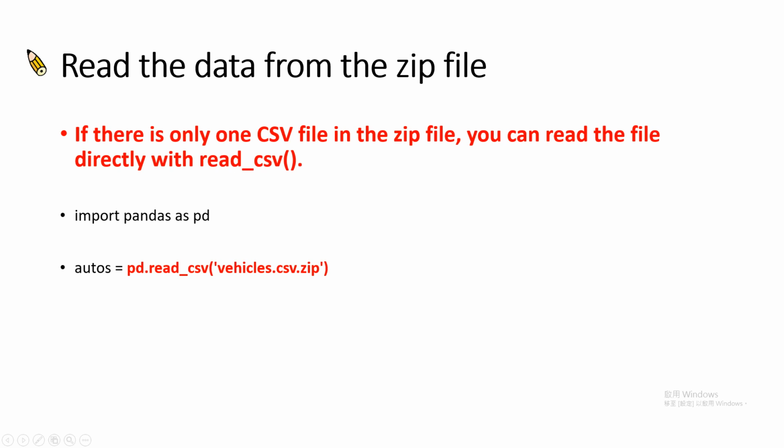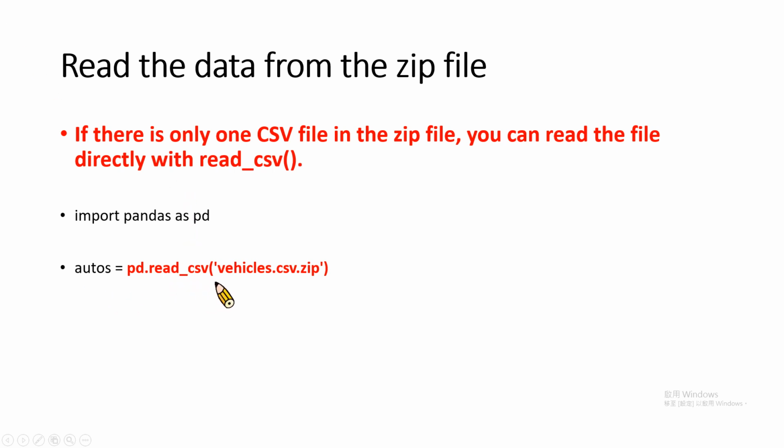Next, we introduce how to read the data from a zip file. First, if there's only one CSV file in the zip file, you can directly read the CSV file using read_csv.